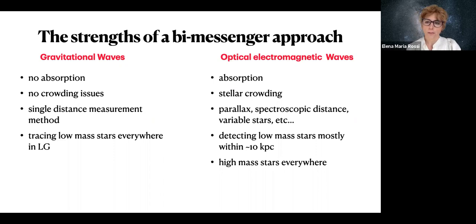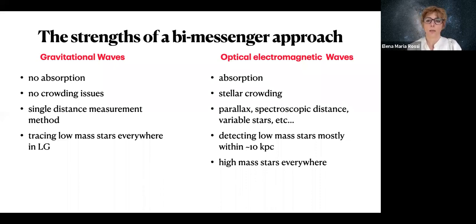So, for instance, galactic centers are not the best place to observe individual stars with Gaia at all. On the other hand, gravitational waves do not have such problems, don't suffer from absorption or from crowding issues. So they have the potential to observe where optical cannot.